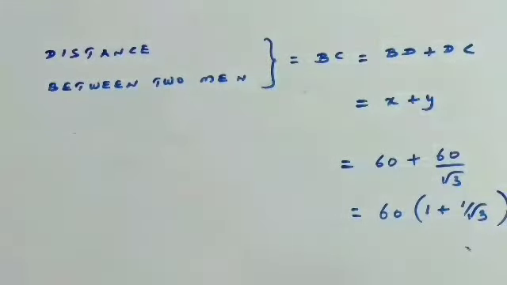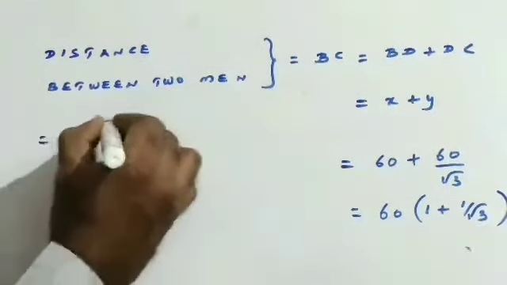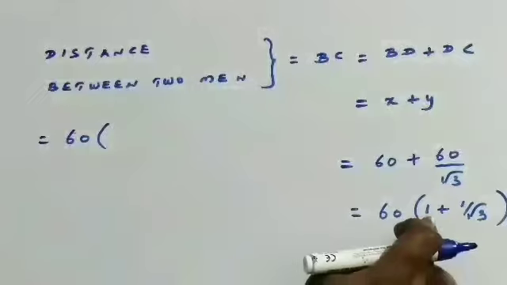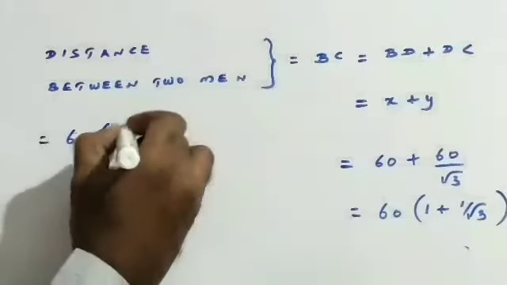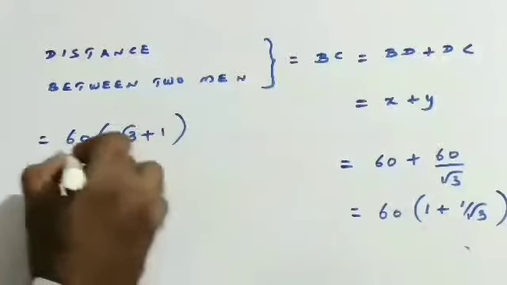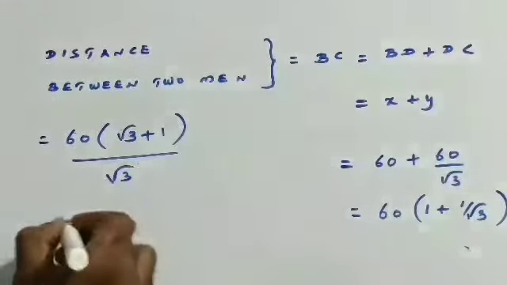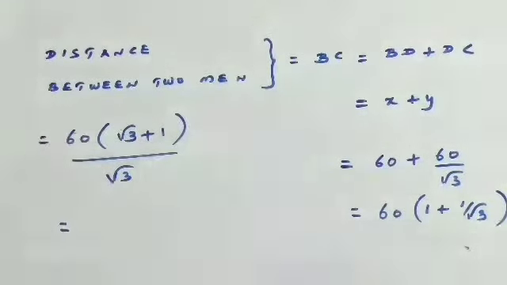Now cross multiply this one. 60 into root 3 plus 1 by root 3. In the denominator we have root 3.